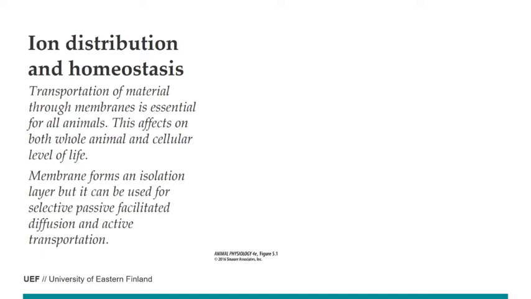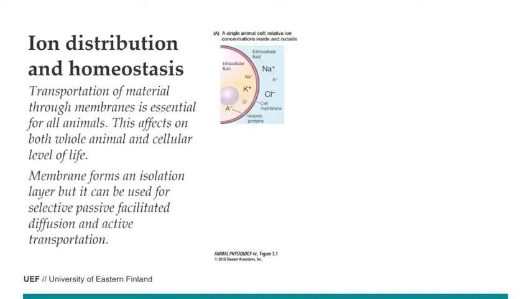So we have to be able to transport material like glucose through the membranes. And this affects both the whole animal and also the cellular level. We have a membrane that is forming an isolation layer, so it's limiting the flow of potassium from the inside to outside, or sodium from outside to inside.